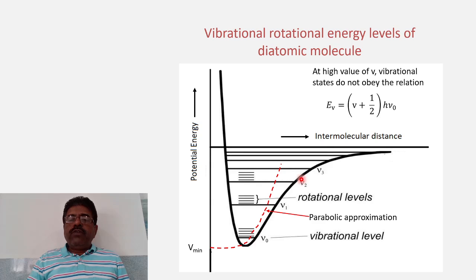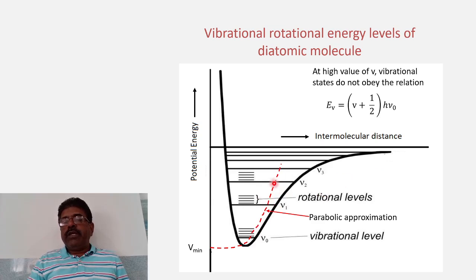So what is the reason here? As we have seen earlier, the vibrational energy levels are equally spaced, but practically at high values of V, vibrational states do not obey the relation. That means this relation is not true for higher values of V. This is because the intermolecular distance, the separation, increases and the actual curve deviates from the parabolic nature.